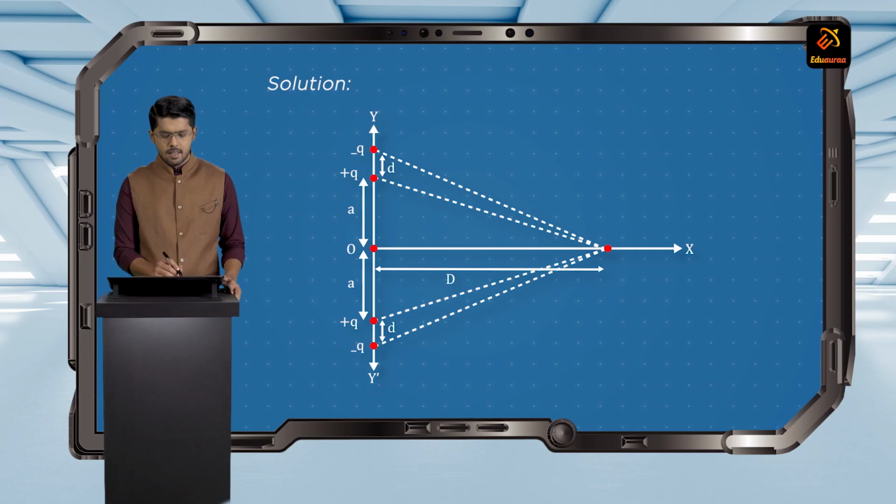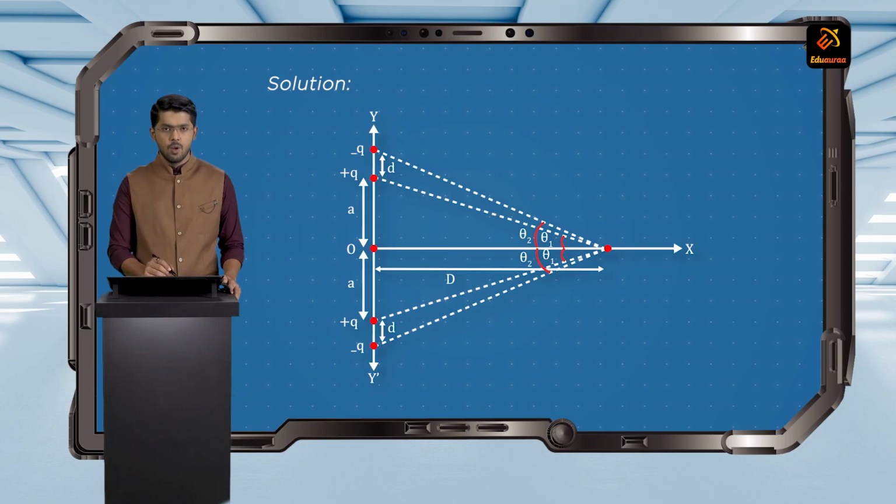Now, let us consider that these two charges subtend an angle theta 1 and theta 2. In this case, I am considering the minus q charge, which is at a distance 2d from the x-axis, subtends an angle theta 1 from the x-axis, and this charge plus q, which is at a distance plus d from the x-axis, subtends an angle theta 2.